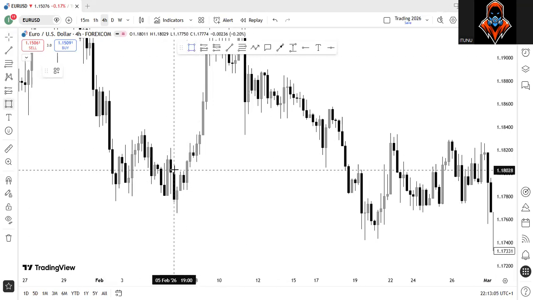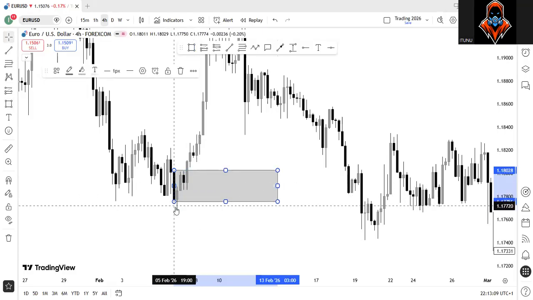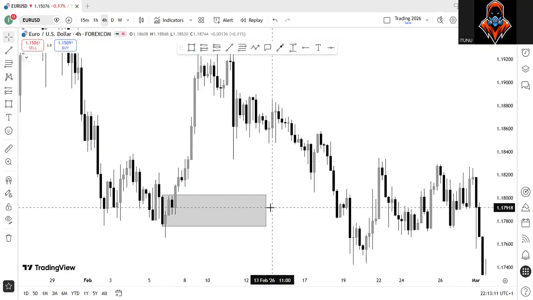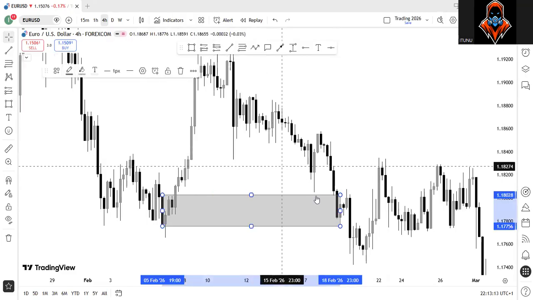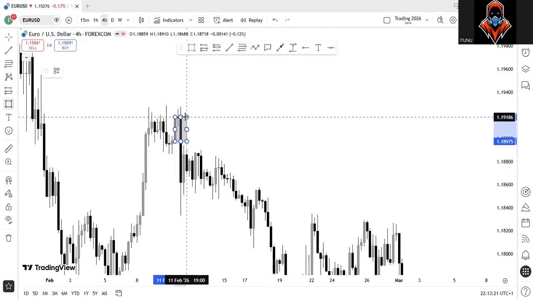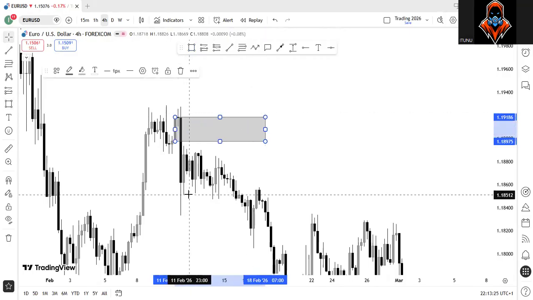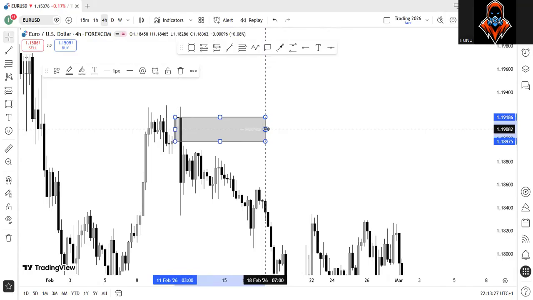This is the last bearish candle before the bullish candle. That's what is considered an order block in a bullish scenario. In a bearish scenario, an order block is the last bullish candle before the bearish move. That's what an order block is.